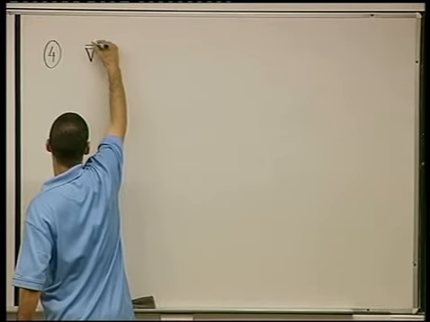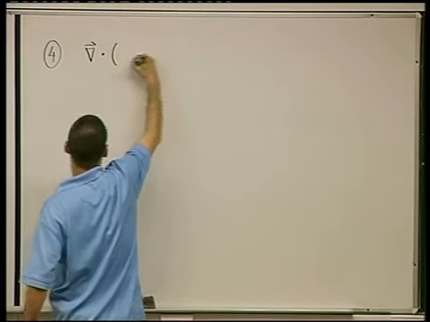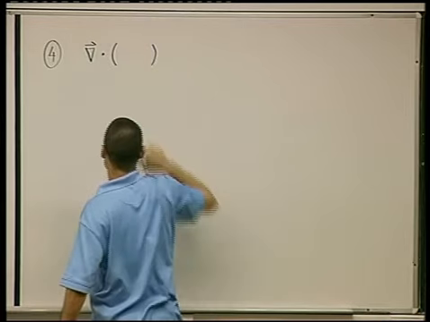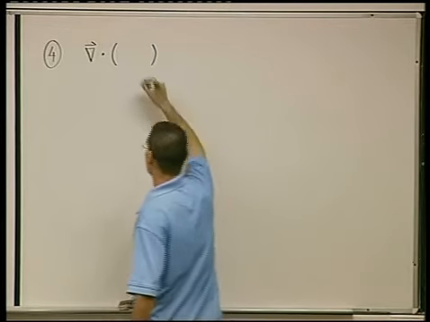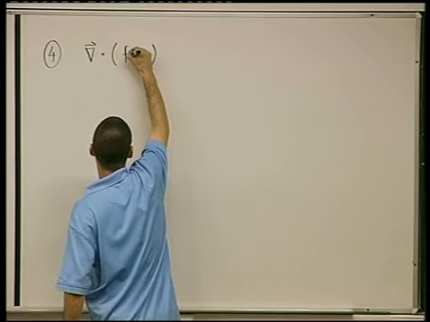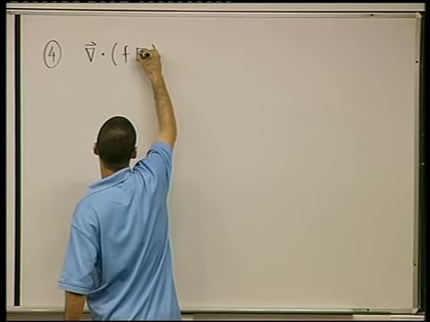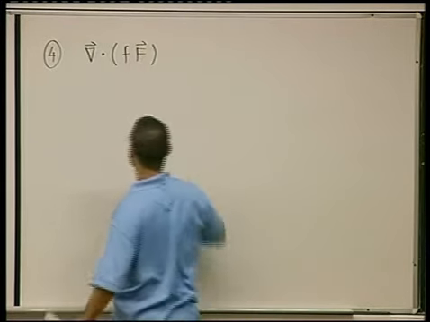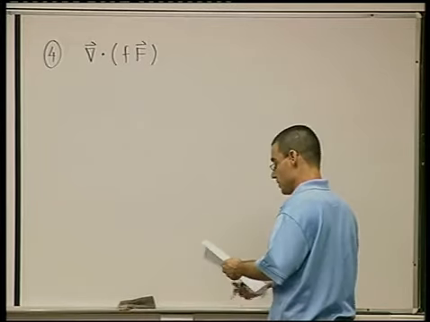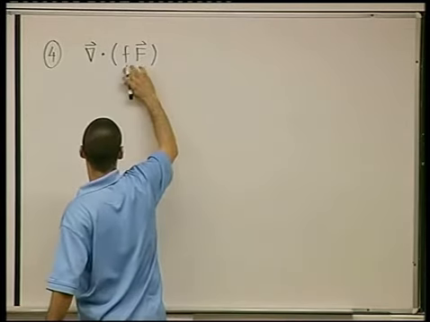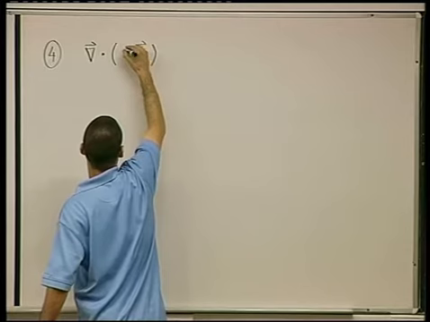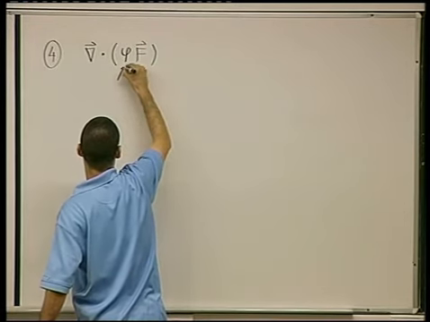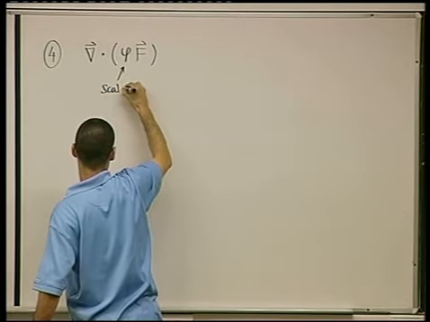If you take the divergence of a product, and in this case, I mean a scalar function times a field. This is a product. Let's write phi to emphasize this. So this is a scalar function.